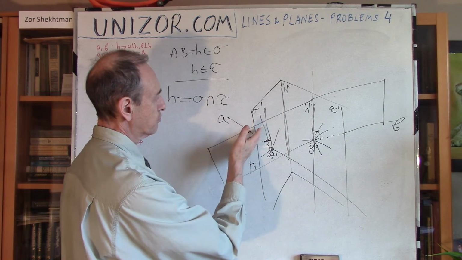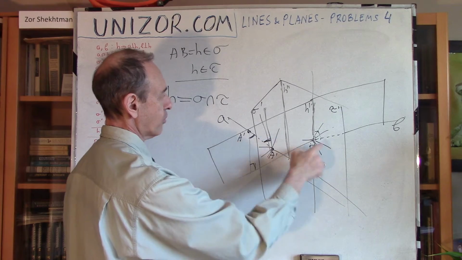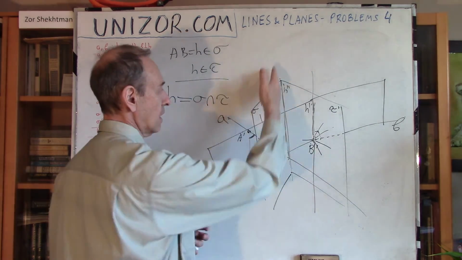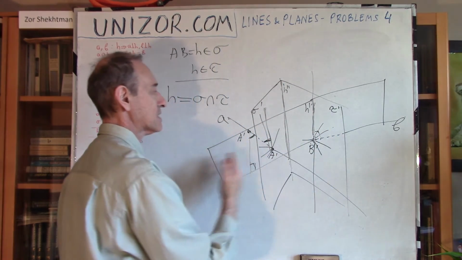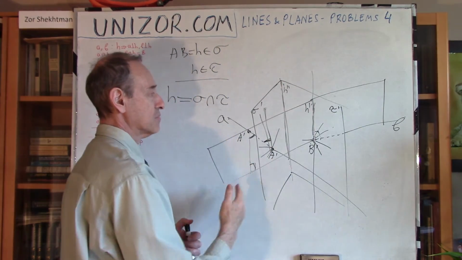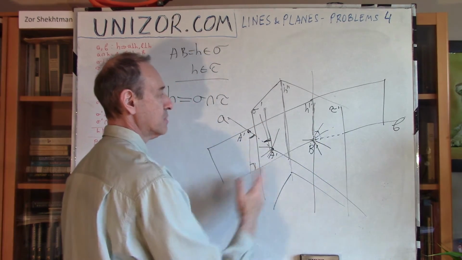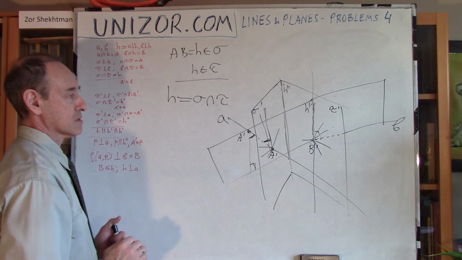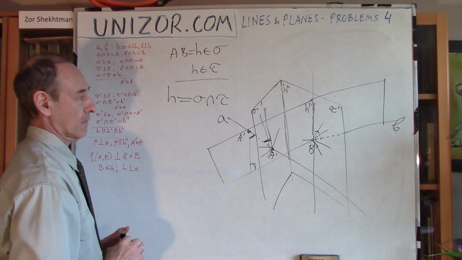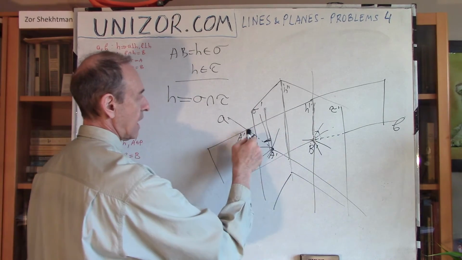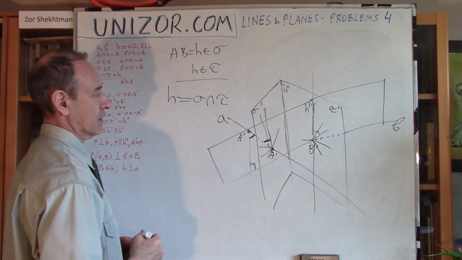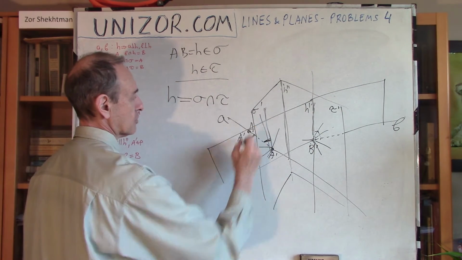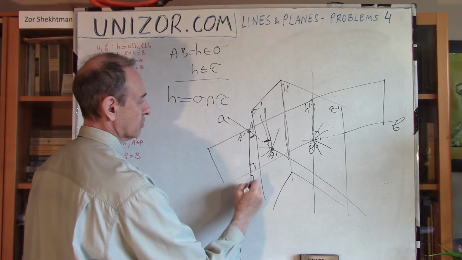I draw two planes perpendicular to the lines at these points, take the intersection, and all I have to do is just to shift this intersecting line parallel to itself in such a way that it crosses both A and B. First I shift it to cross the B, and then I shift it along the B until it crosses the A. Until the plane actually crosses the A, and this plane is one of the bases of the mutual perpendicular. So this is the point A actually, and when I drop the perpendicular, that would be point B.